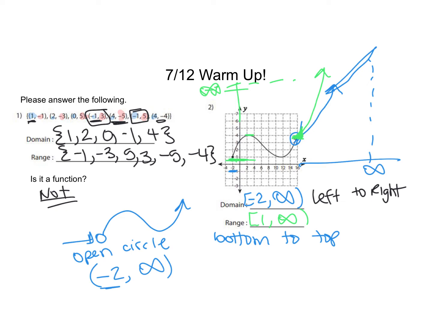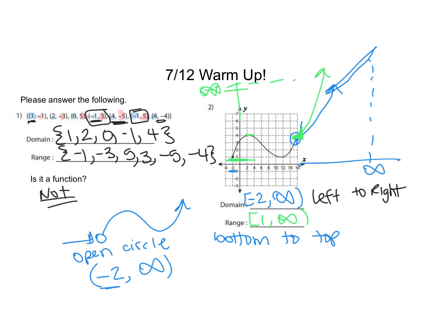Yeah, that's a great question. I'm sure other people had the same question. And then what's really tricky is when we do intervals of increasing and decreasing, we always use parentheses. So that also makes it a little bit tricky. Any other questions? All right, let's get started.